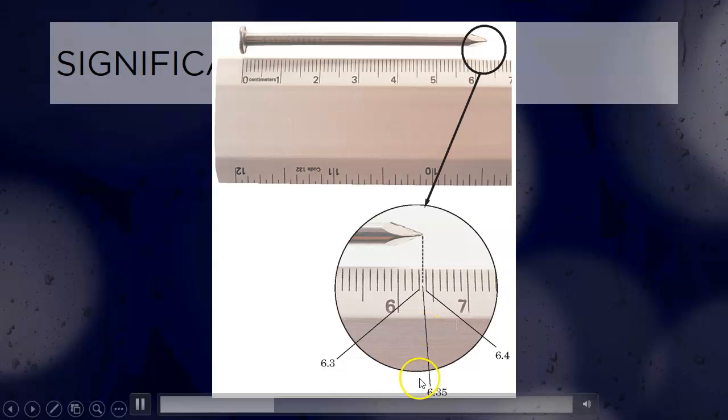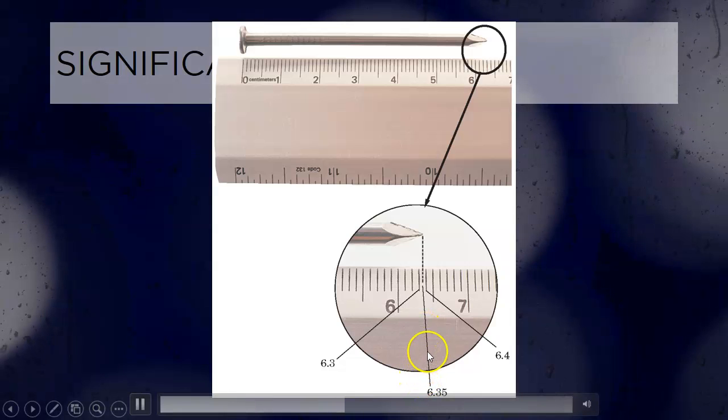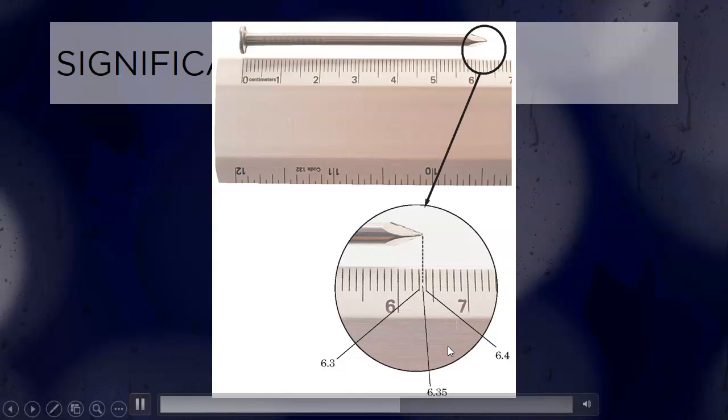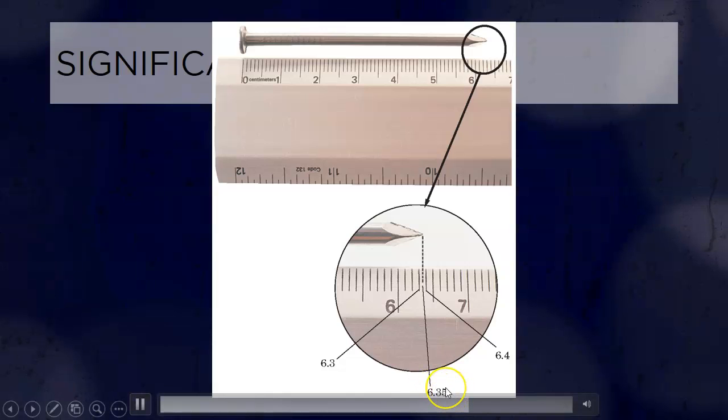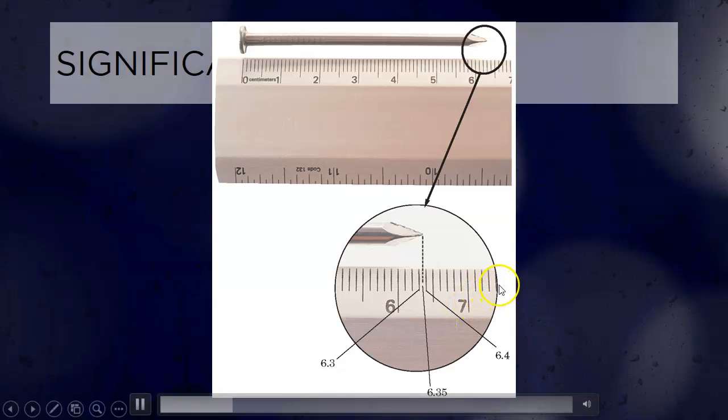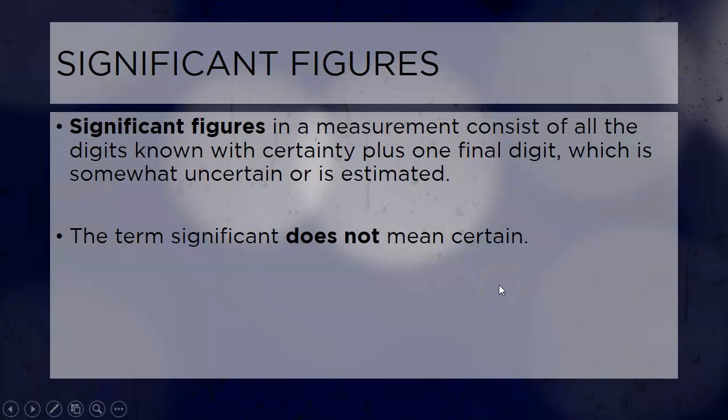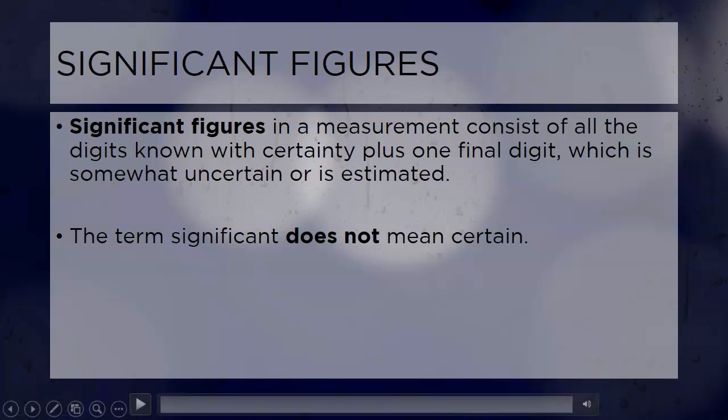So one of us might say 6.35, some of us might say 6.36. Either way, we know it's 6.3 something, but that last digit is uncertain. Here's the thing, though. It's still significant. Just because that last digit is not certain doesn't mean it's not significant, because significant figures have to have all the measurements used plus one more digit.